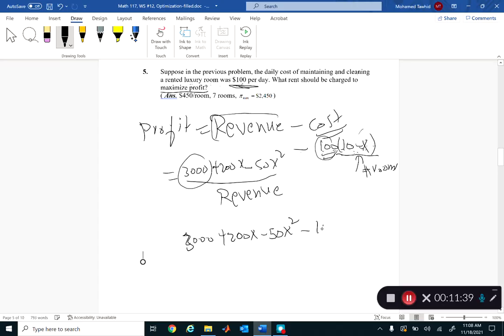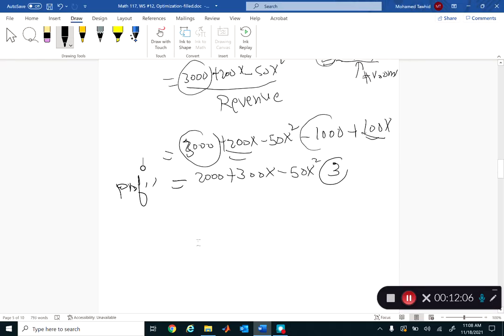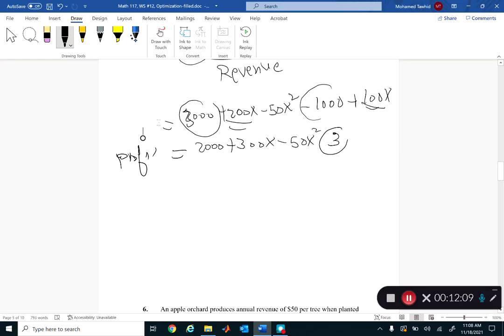So the profit is 2,000 plus 300x minus 50x squared. Let me give this its equation number. That is the profit here.